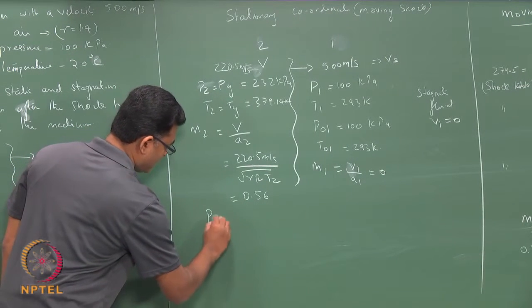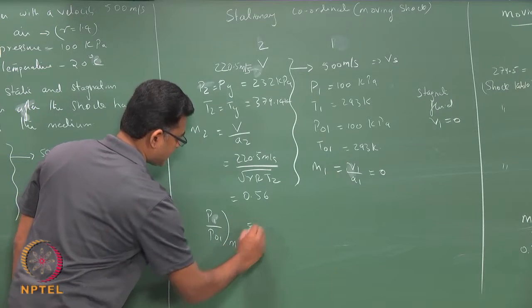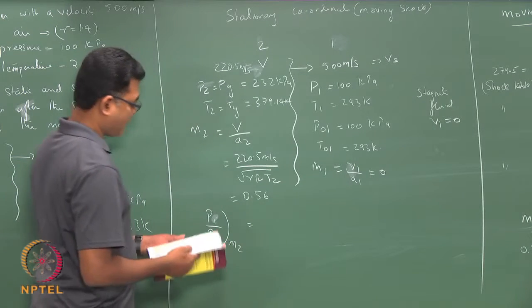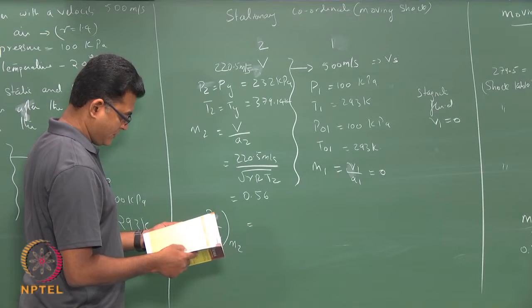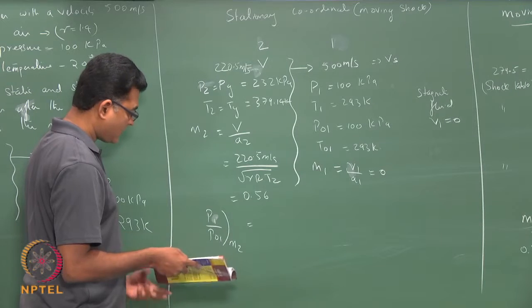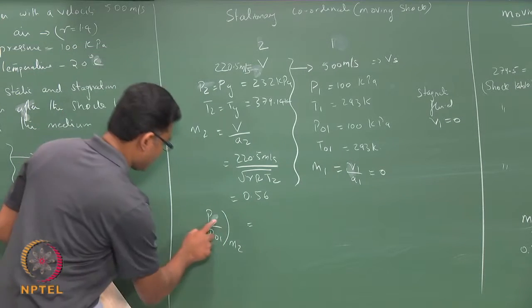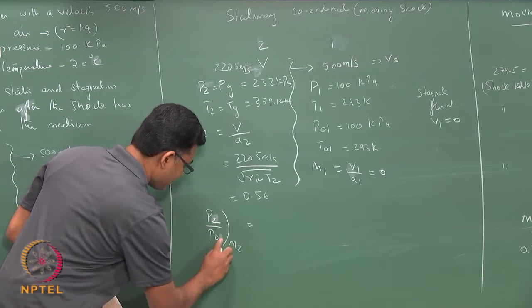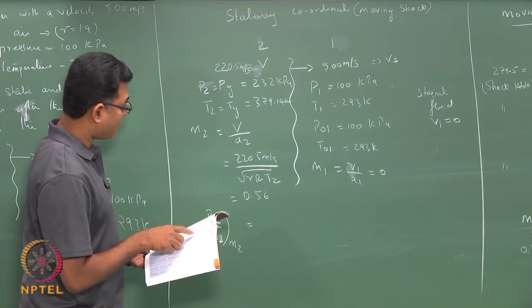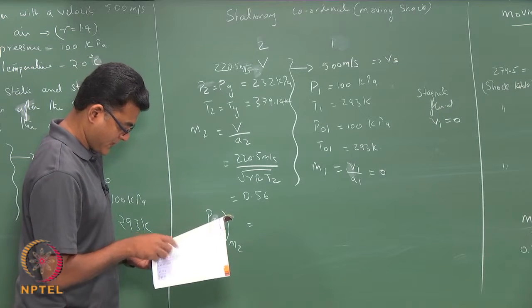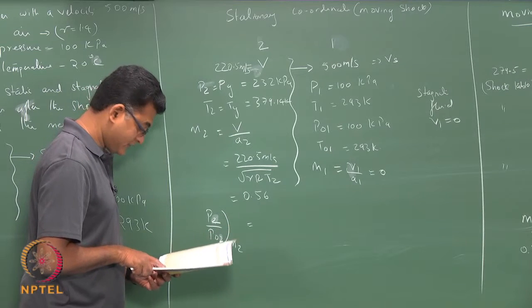P2 by P02 for M2. I look at the isentropic tables. Sorry, P2 by P02 for 0.56 was 0.808.